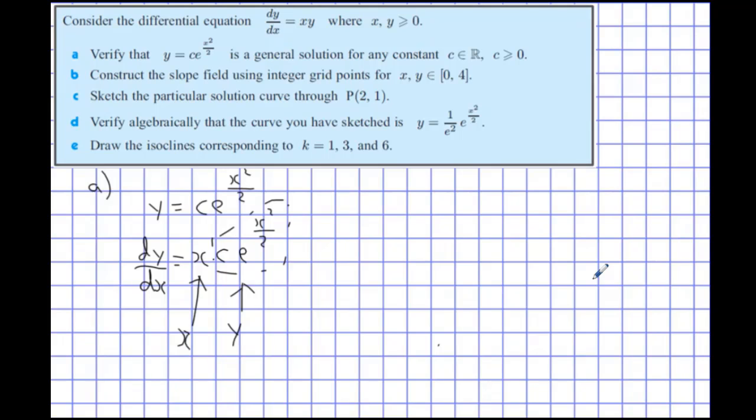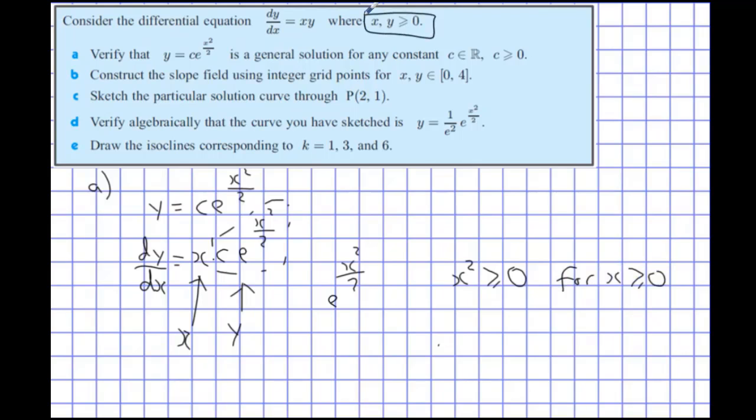So if we think about e to the x squared over 2, or if we just take the x, x squared is going to be greater than or equal to 0 for x greater than or equal to 0, as we've been told that it is here.